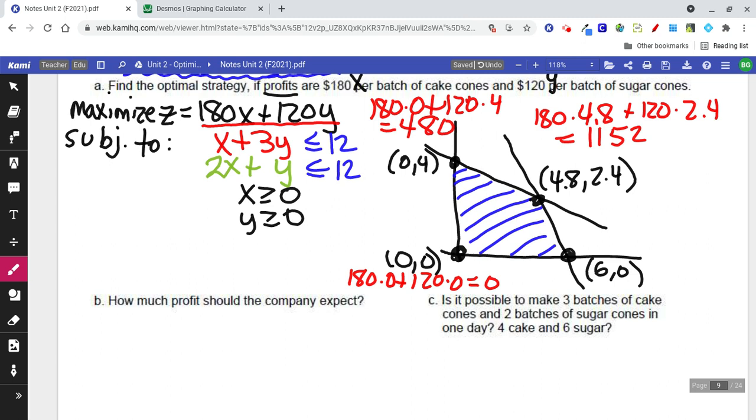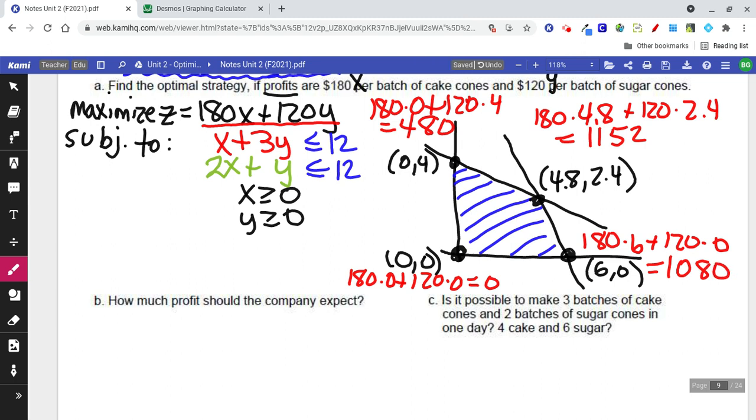Okay, so we've got a new contender here, 1152. And then the last one here, 180 times 6 plus 120 times 0 was 1080.